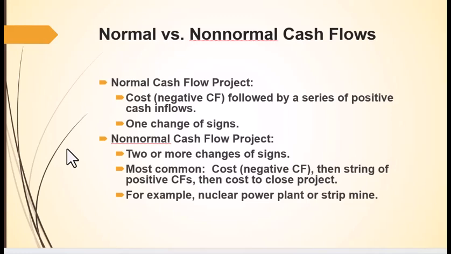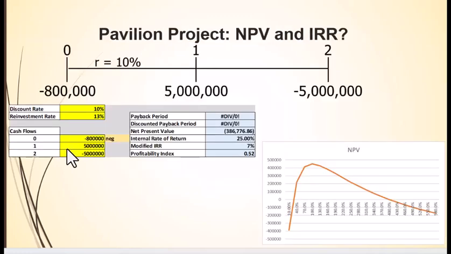The internal rate of return will not calculate accurately for a non-normal cash flow project. So what happens? Here you see we invest $800,000, we receive $5 million, and then we spend $5 million. This shows a non-normal cash flow where there are 2 changes in signs. Every time there's a change in sign, there is a potential answer.